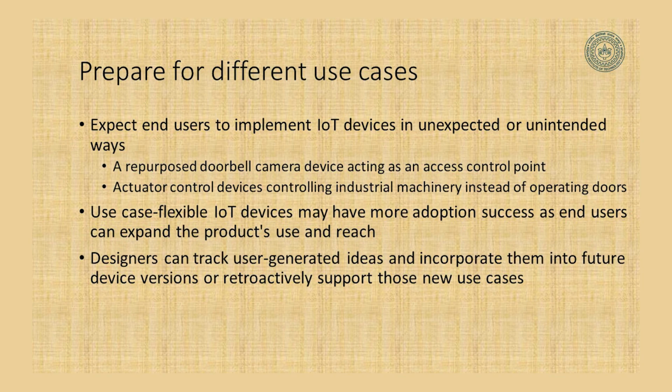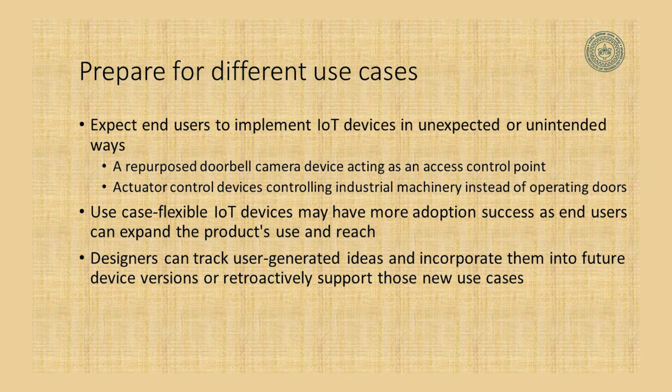So, if your device can be used in multiple different ways, then your device will gather a lot of interest. So, use case flexible IoT devices have more adoption success, more people start using them as end users can expand the product's uses. So, once it becomes popular as a different use case, then lots of such interested users will come and buy that product from the market, okay, for a use case that you may not have even thought about.